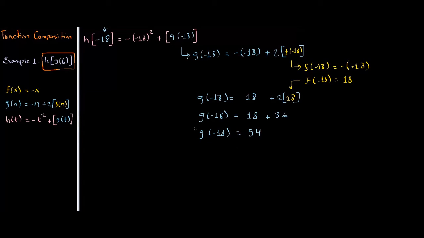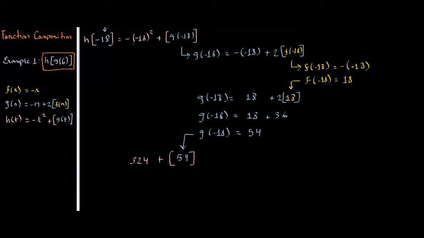Now, this 54 is the one we're going to input back in this one here, h of negative 18. So I'm going to place it, just following the order we have been following. Now, I'm going to solve this out. Negative 18 squared is just the same as saying 324.